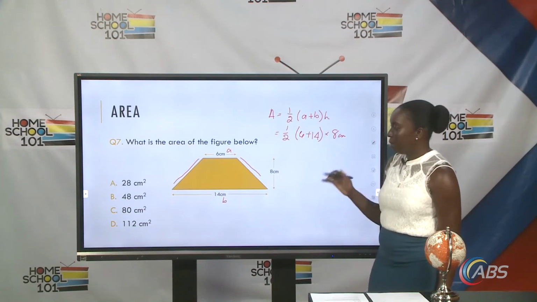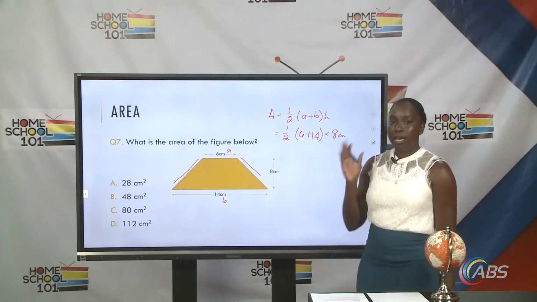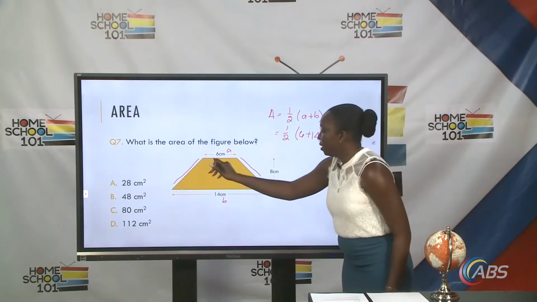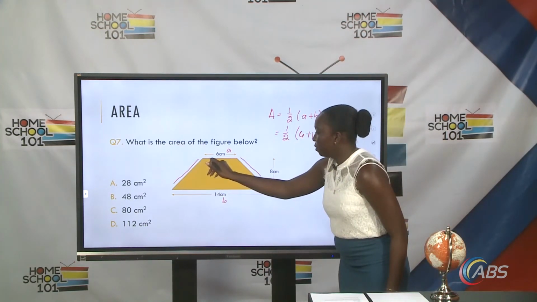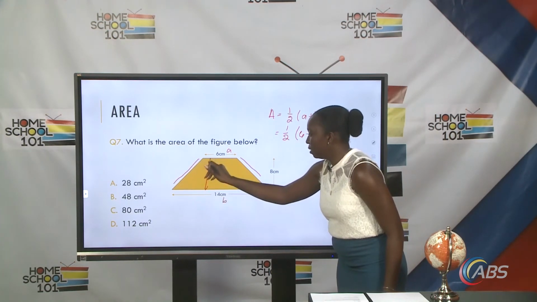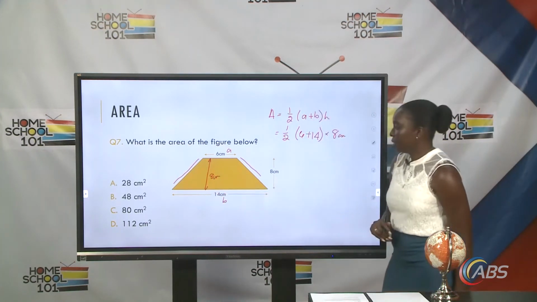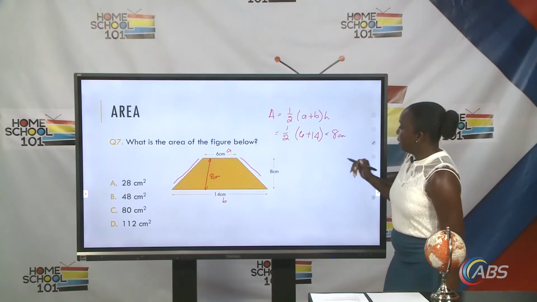It's important to remember that even if measurements were attached there, the height is always the vertical line. So even if the height were depicted in the middle of this trapezium, it would be done something like that. Okay? Let's continue.